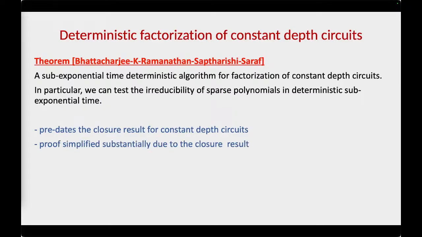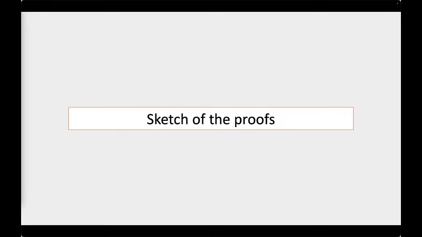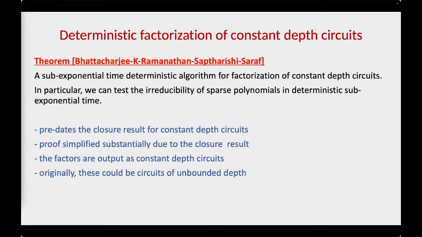And then we later realized that this proof can be substantially simplified by using the closure result, and we can ensure that the factors, the output circuits, are also constant depth. Okay, so originally these were unbounded circuits. Great.